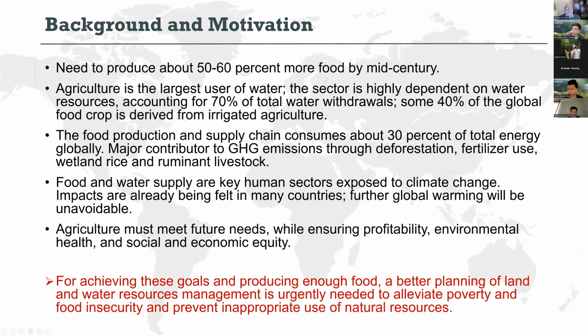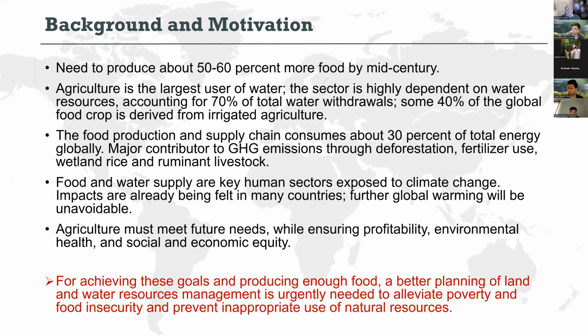To give you a little bit of insight into the motivation when the system was developed over the years, there was the recognition that given the population momentum and population development, and also the increase in incomes in many parts of the world, there will be a need to produce 50 to 60% more food by mid-century 2050.